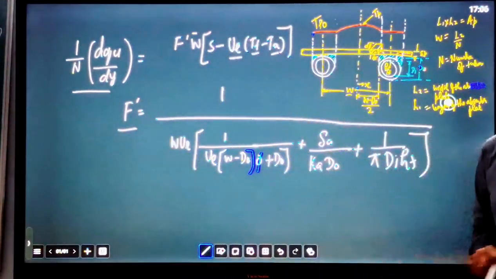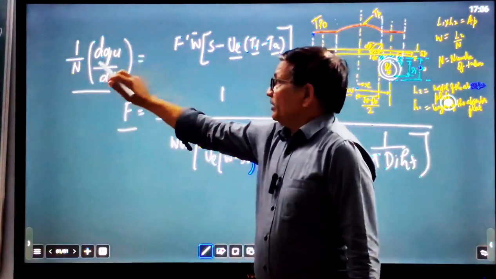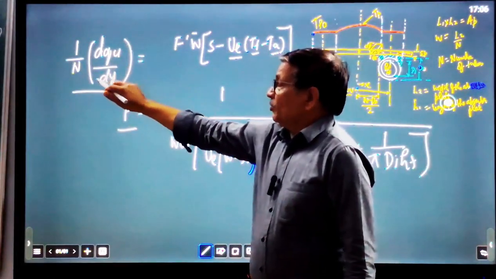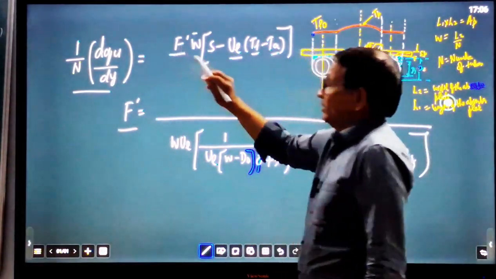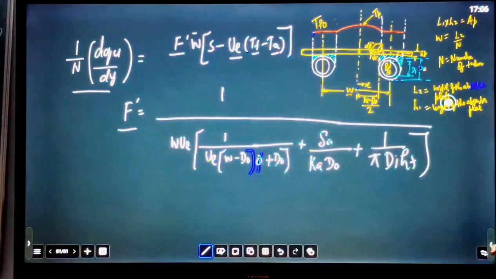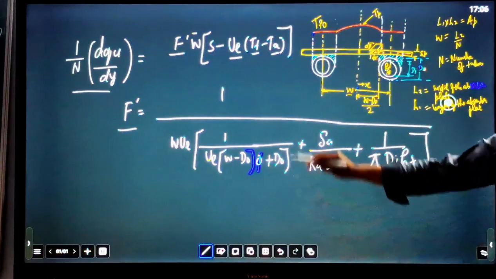By defining this collector efficiency factor, the useful heat gain per unit width, per unit length of tube and per tube becomes very simple. By introducing F', this equation becomes very simple. That's why this factor is defined, to manage the equation.